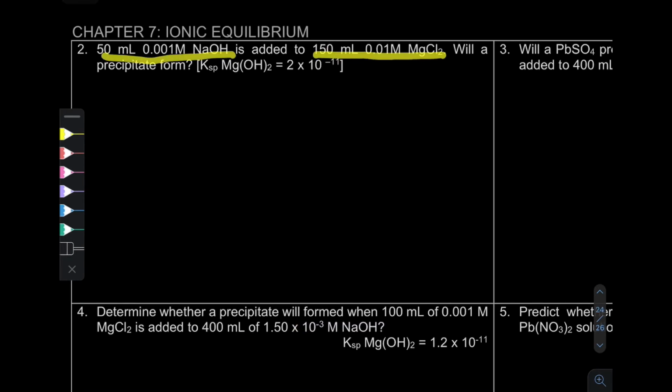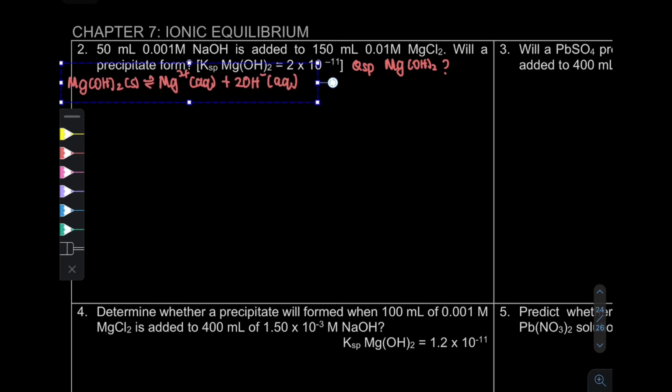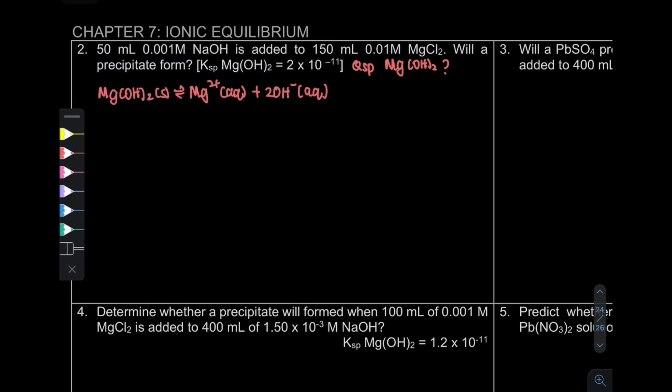Okay, next, example 2. So kita tengok dia bagi KSP, kita cari QSP for magnesium hydroxide. Okay, so how I'm gonna do it. First, Miss tulis dulu the equation. So magnesium hydroxide is Mg2+ dengan OH minus. Make sure it's balanced, OH, it's 2.